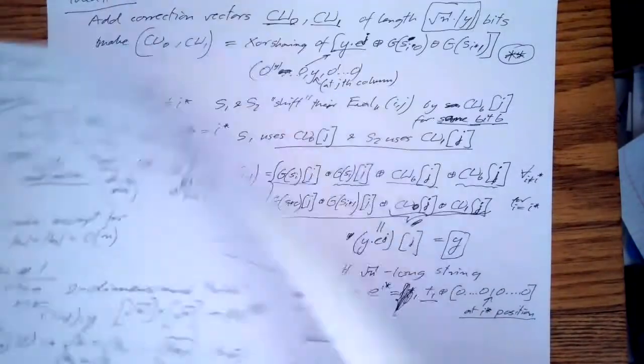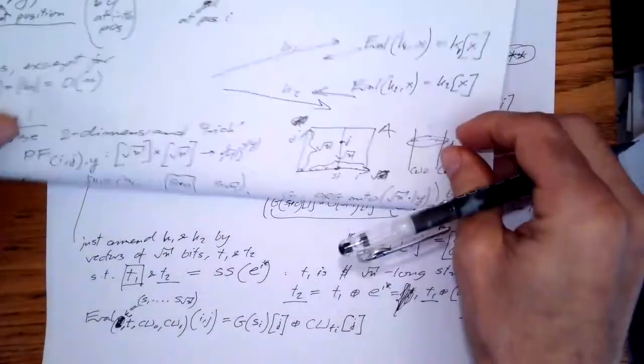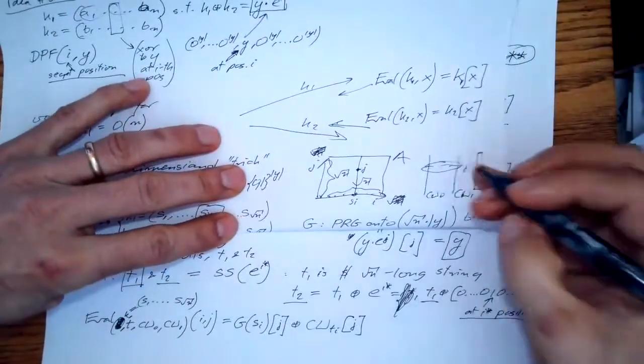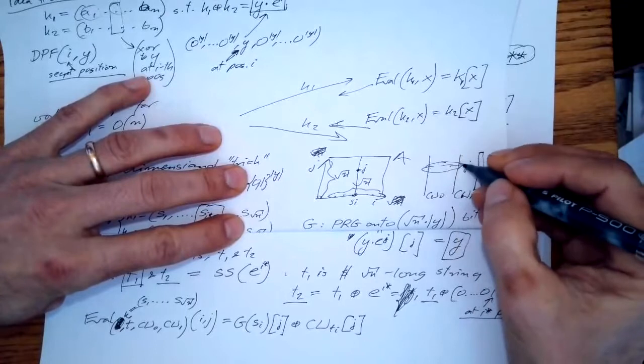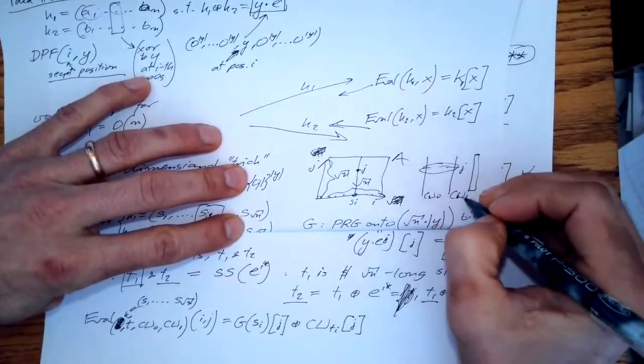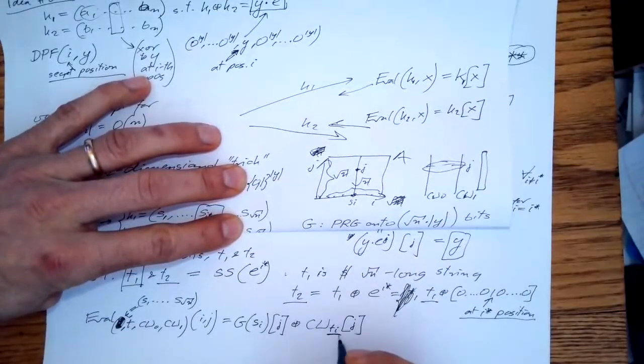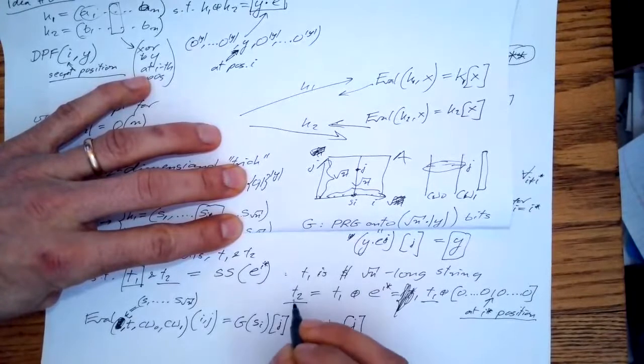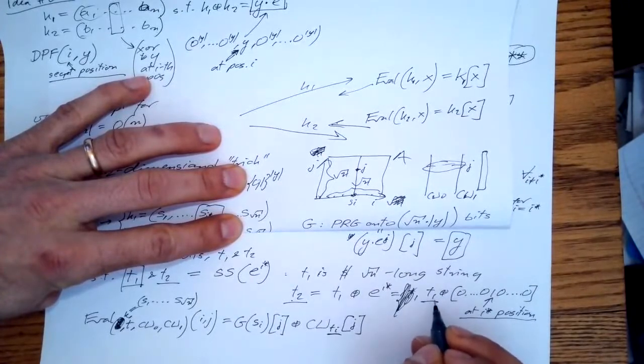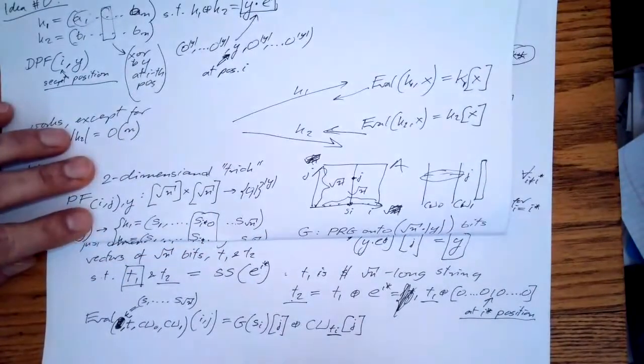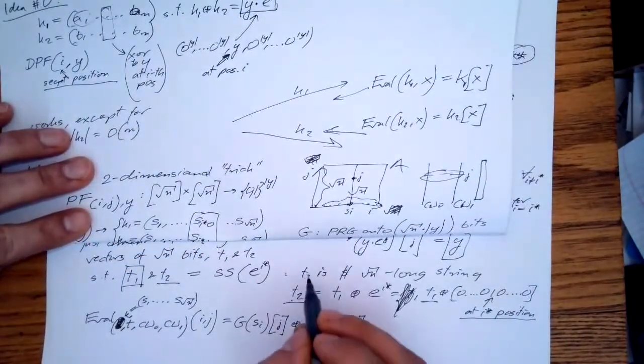So in other words, they use the same correction vector, and that is assured by the fact that the ith bit in these is the same.